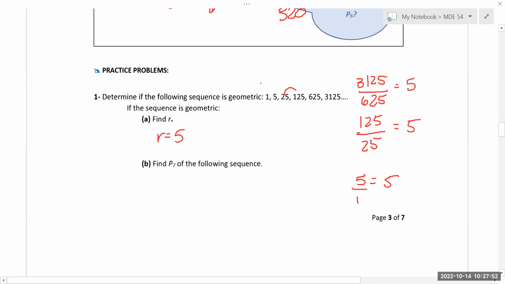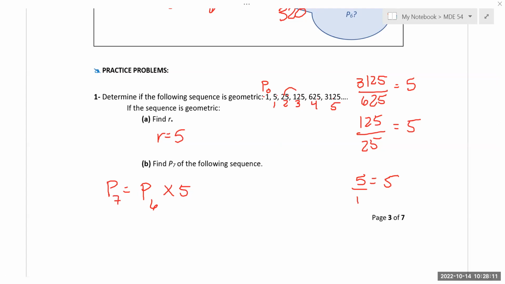So this was P of 0. Remember, we always start with 0. 1, 2, 3, 4, 5. So to get the next one, we don't have P of 6 yet. We have P of 0, 1, 2, 3, 4, 5.